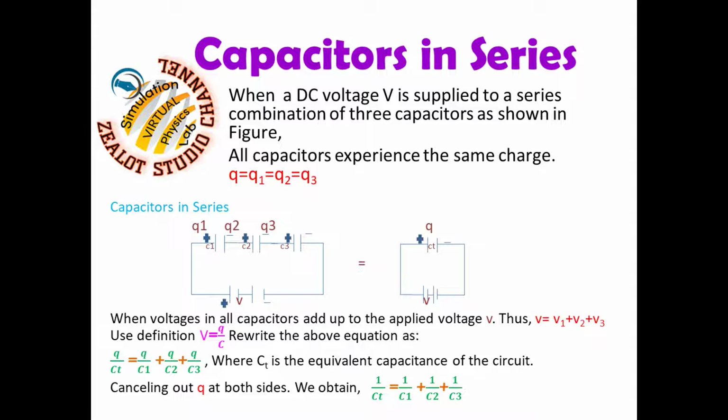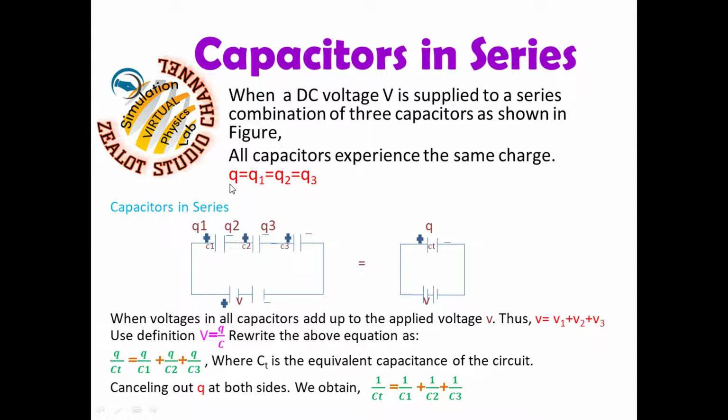So all capacitors experience the same charge. All capacitors, that is C1, C2 and C3, store the same charge Q in series.